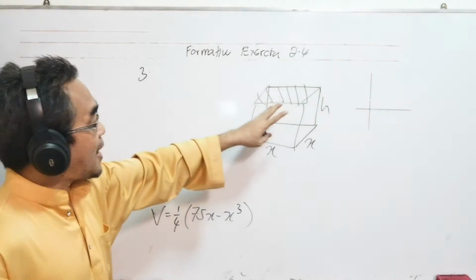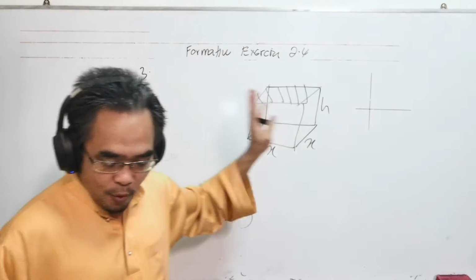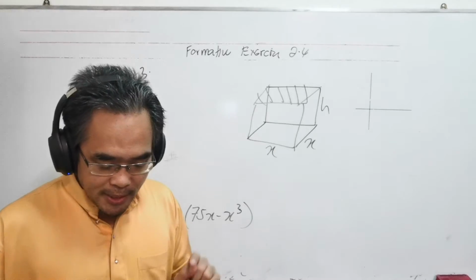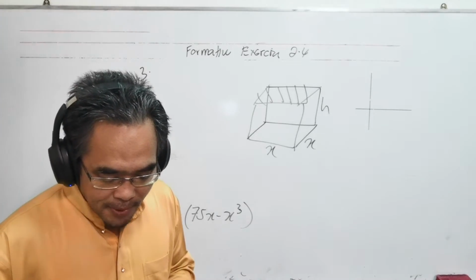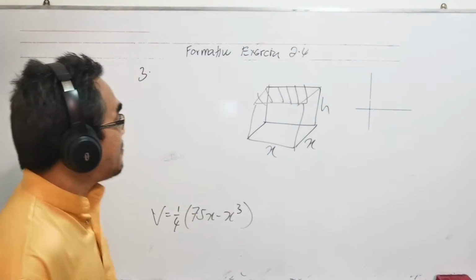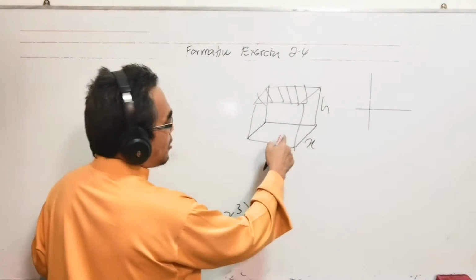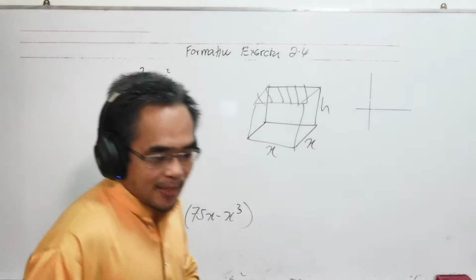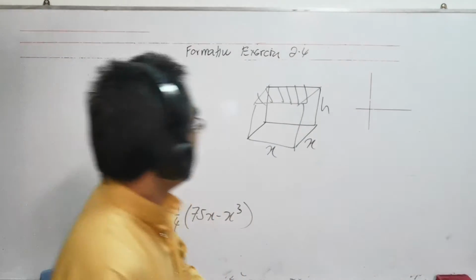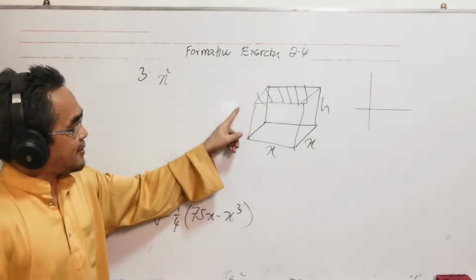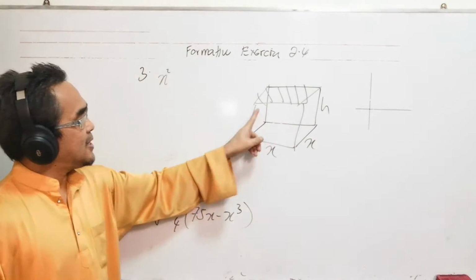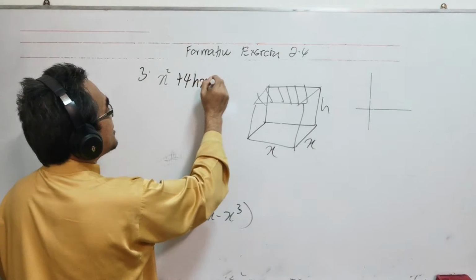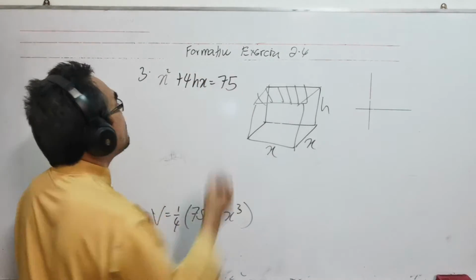We have to take out whatever info is given here: the box is made from a piece of cardboard with an area of 75. So the area at the bottom will be x squared, because x times x, and then there are 4 rectangles, first, second, third and fourth, so plus 4hx equals 75.